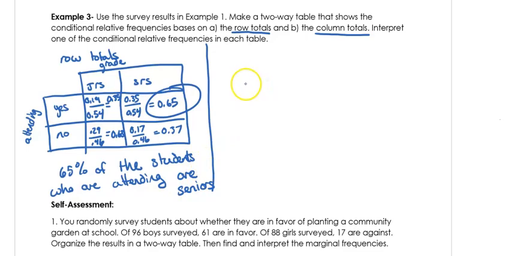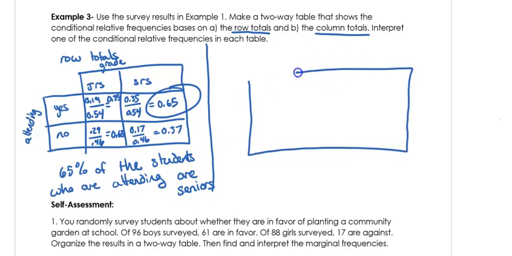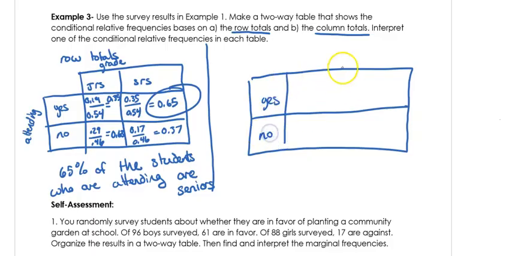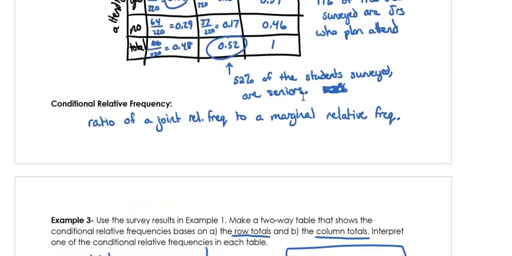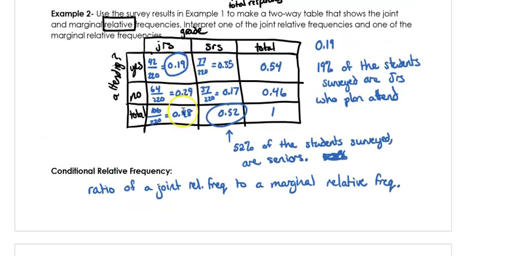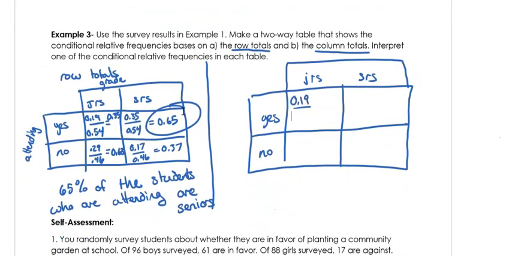Now if we make a column table, I'm going to do a little better on this one and leave more room to write. I have my yes attending and my no attending, and my juniors and my seniors. The only difference on the column totals is I take the number in that box, the joint frequency, the 0.19, but I divide by the column total, which is 0.48.